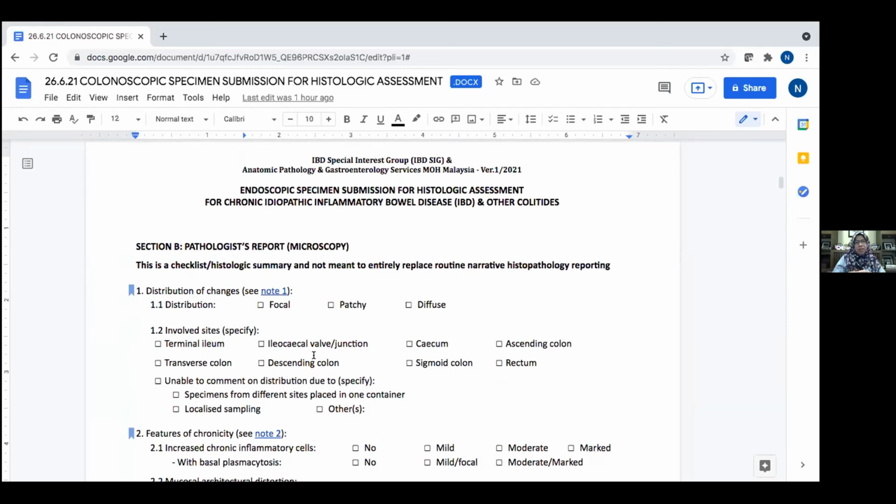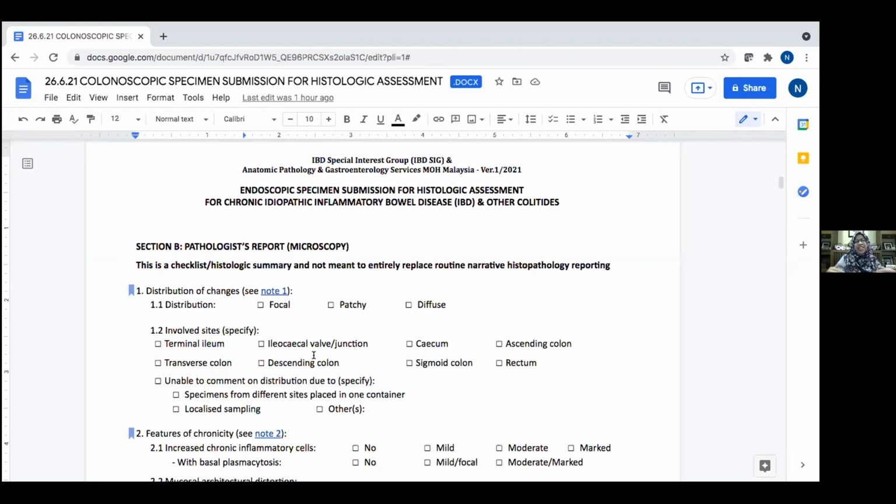Again, I come to the end of my presentation. I would like to thank Prof. Ida, being the person who mooted this idea, on behalf of the IBD Special Interest Group, IBD SIG. Even though I sat on this project for so long, I feel that I have to do it, I have to get it ready. For those of you who are still not in the know, I am going to be retired in November.